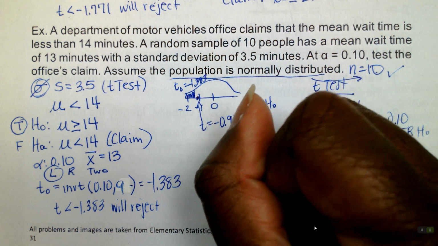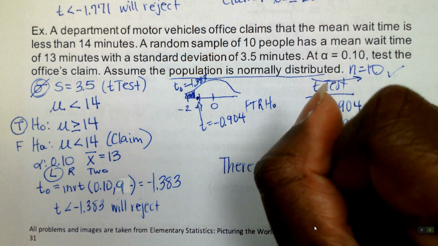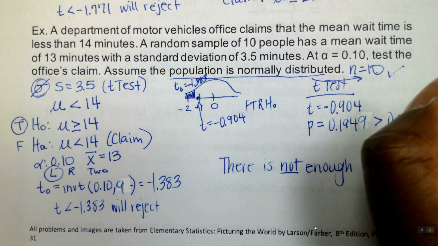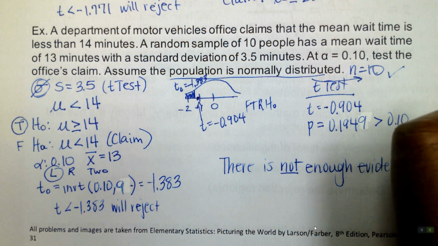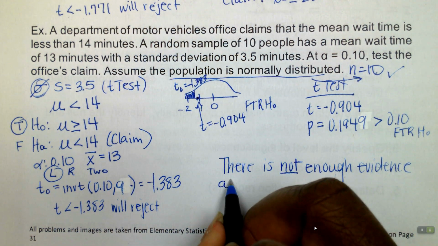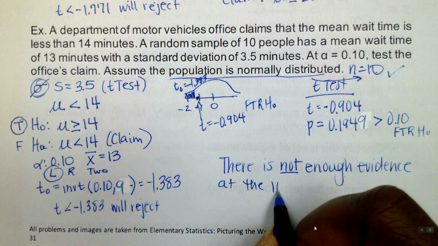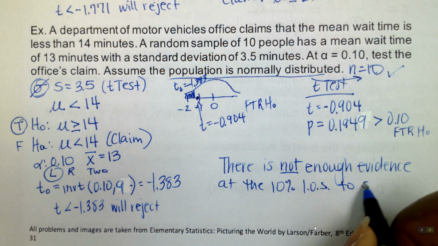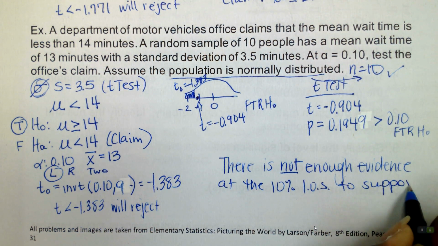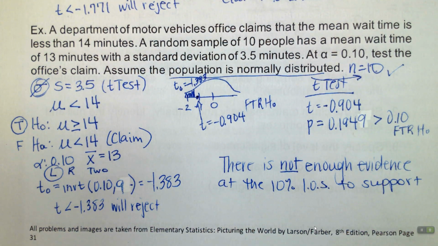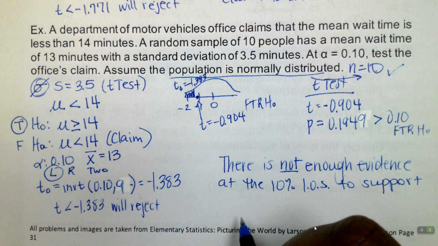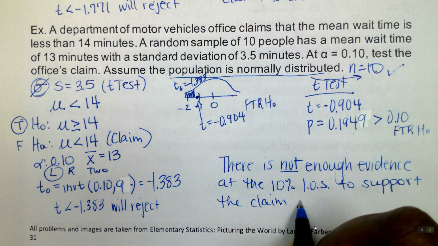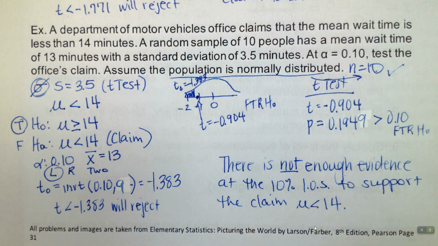So there is not enough evidence at the 10% level of significance to support, again, support because the claim is in HA, the claim that the mean is less than 14.